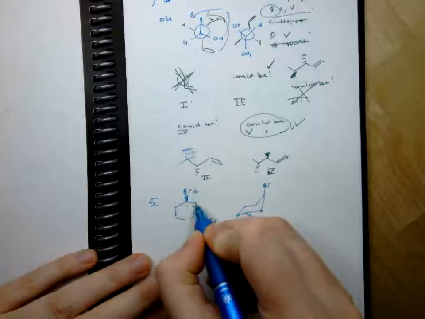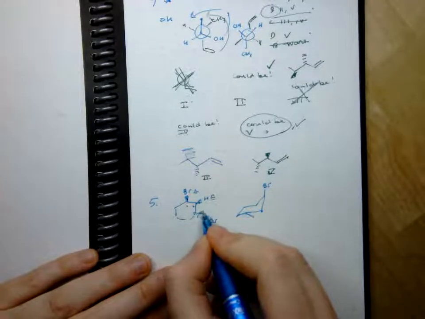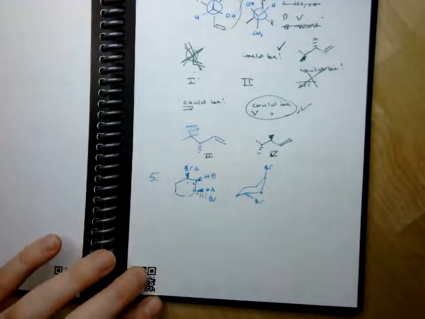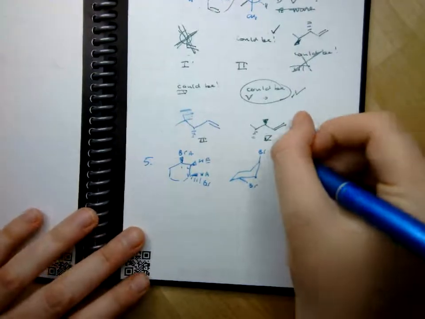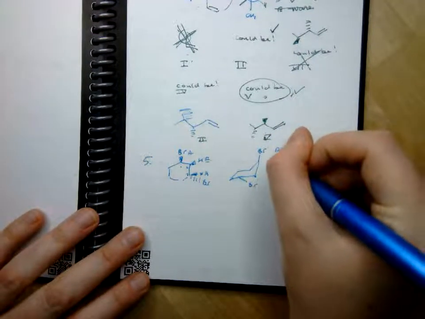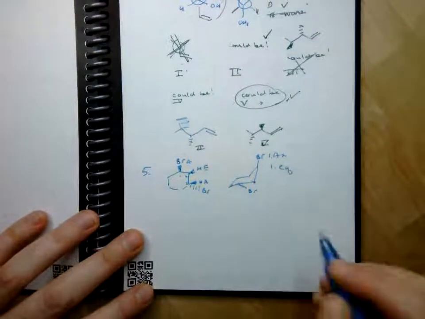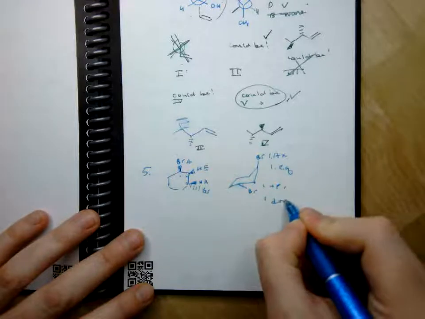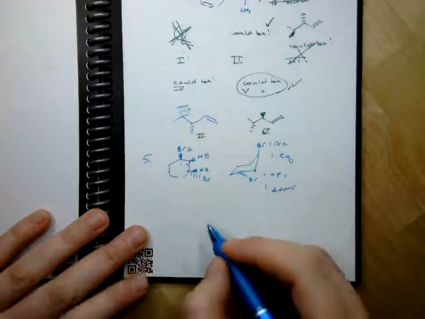This would be axial, and the hydrogen on the wedge here is equatorial, and the hydrogen here would be axial. Okay, so this bromine is equatorial. So we need 1 axial, 1 equatorial, and we need 1 pointing up, 1 pointing down, which naturally they should be if they're in axial and equatorial like this.